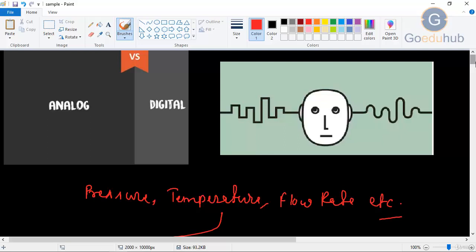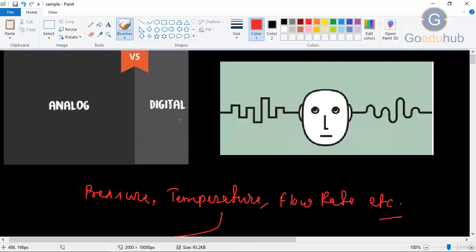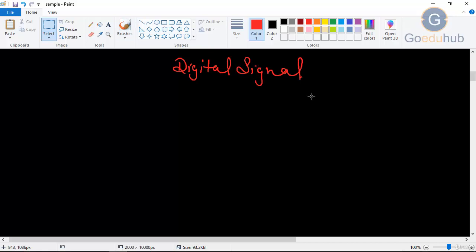So, we have two different types of signals, digital and analog, that we can represent by electrical quantities such as voltage or current. We will discuss both of them one by one. First we will take the digital signal. A digital signal is also known as a discrete signal.